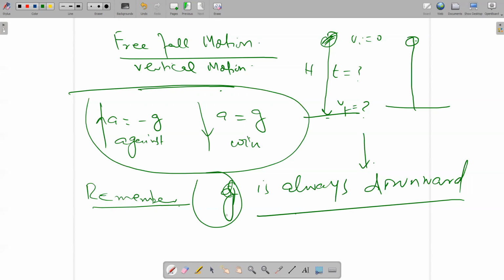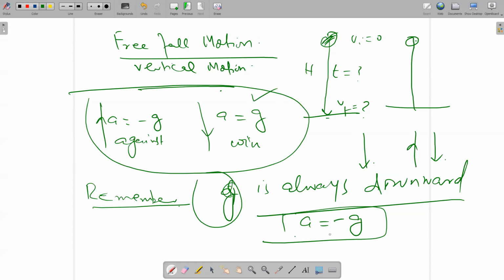But here we are using the concept of this for simplification to solve the problems. Otherwise, a is actually minus g, always minus g, either the body is moving up or it is moving down. But to simplify the problems, we use this notation.